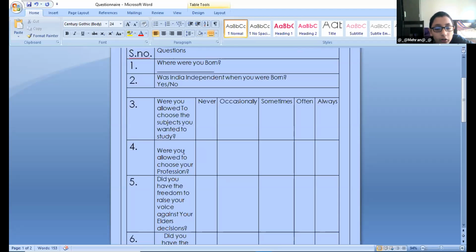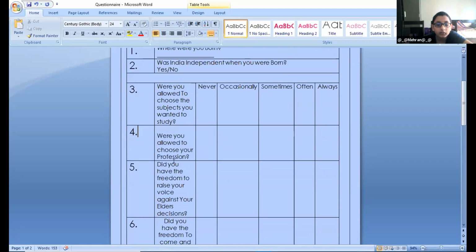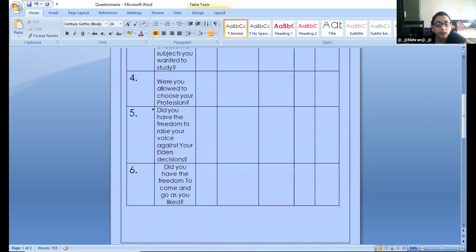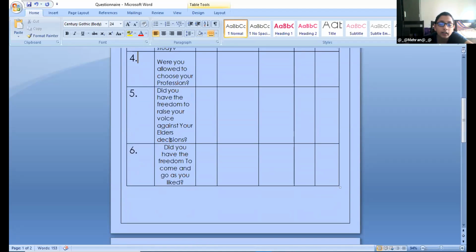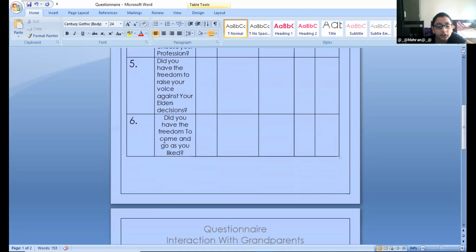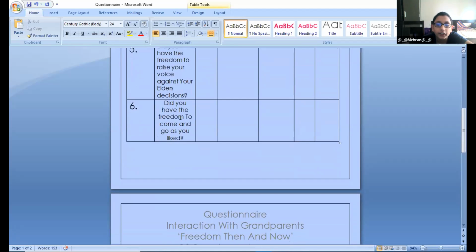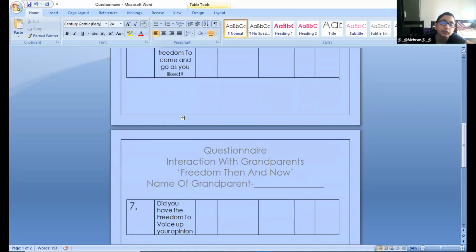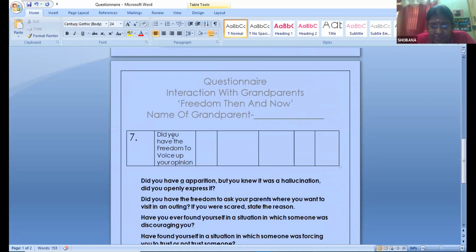Question number 4. Were you allowed to choose your profession? Question number 5. Did you have the freedom to raise your voice against your elders' decision? Question number 6. Did you have the freedom to come and go as you liked? Question number 7. Did you have the freedom to voice up your opinion?